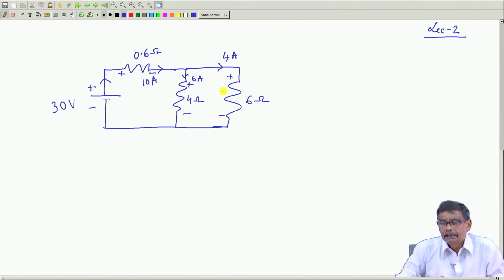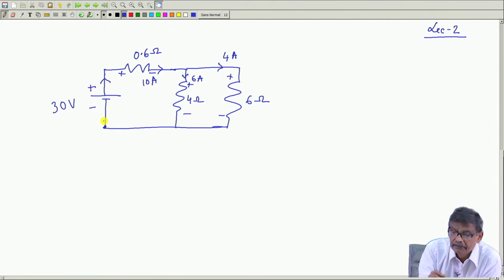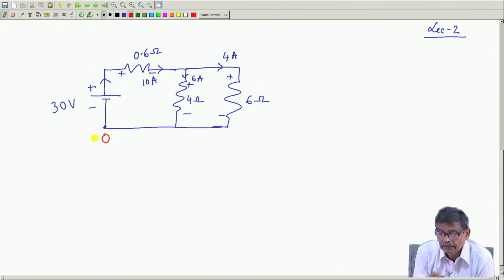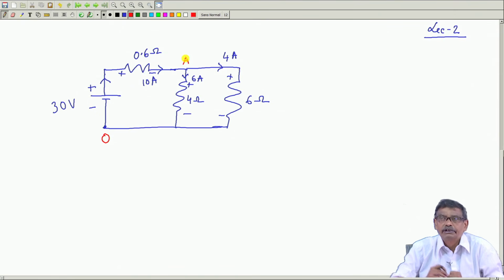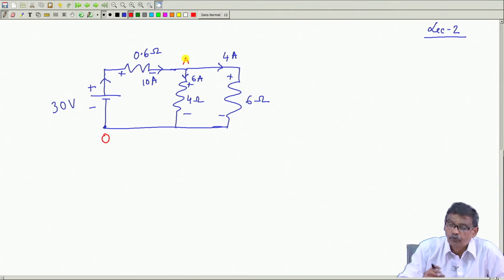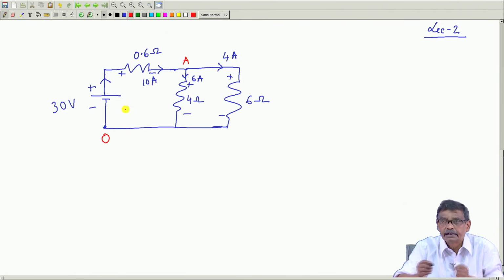We say that potential difference exists between 2 points. For example, I say that this point, let me call this O, and this point is say A. Now, the next question is, if I connect an ideal voltmeter across AO, between O and A, what will be its reading?